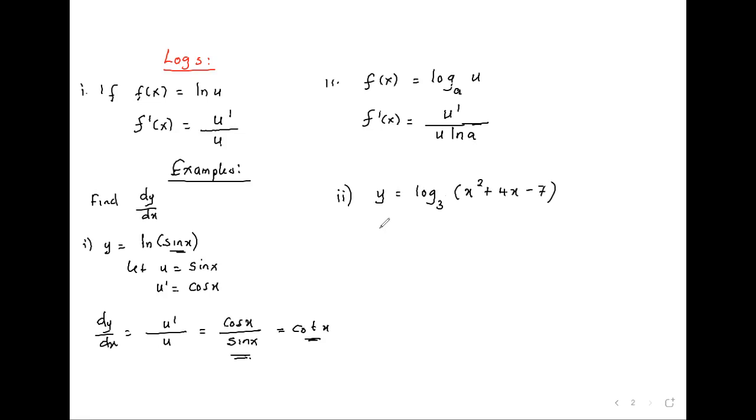So I'll have to do dy dx is equal to, I differentiate this, I'll get 2x plus 4 over, I copy the whole thing, x squared plus 4x minus 7, then multiply by ln 3. That's all.